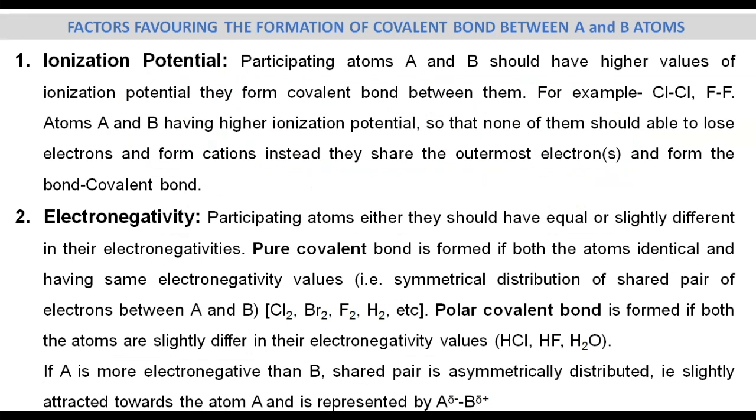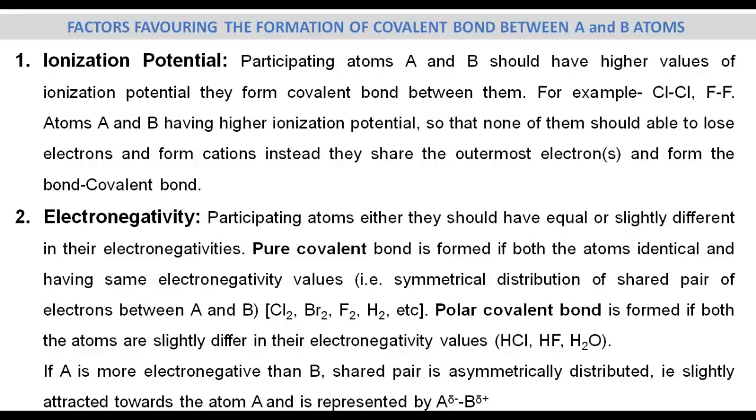So let's think about what factors favor the formation of a covalent bond between atoms. Let's take the atoms in general as A and B. The first factor is ionization potential, meaning the energy required to remove an outermost electron of the atom.